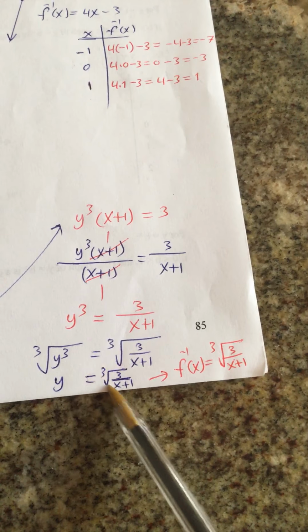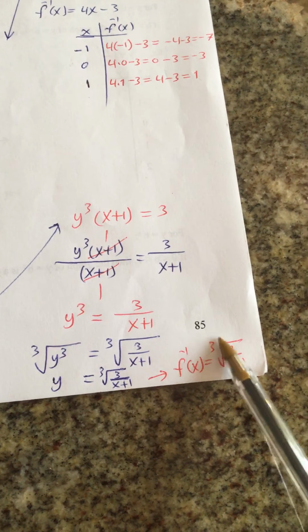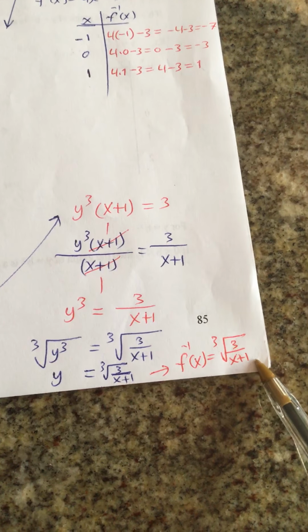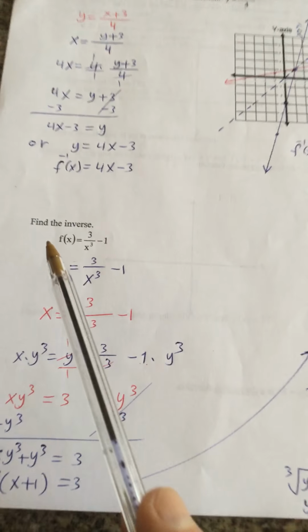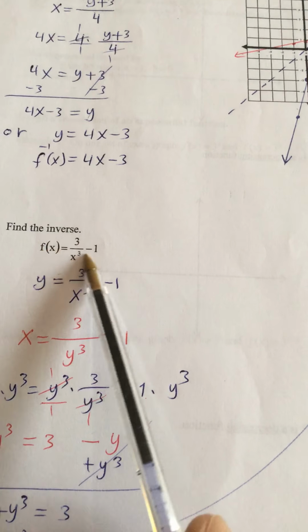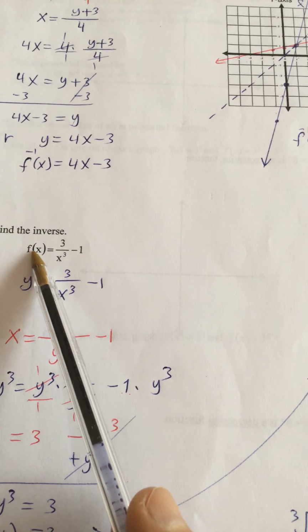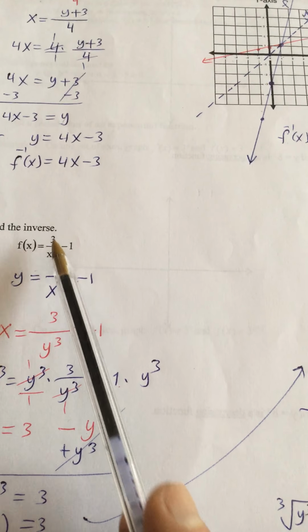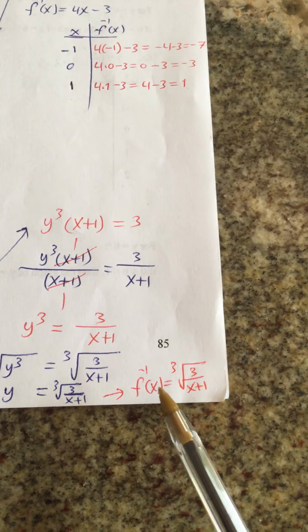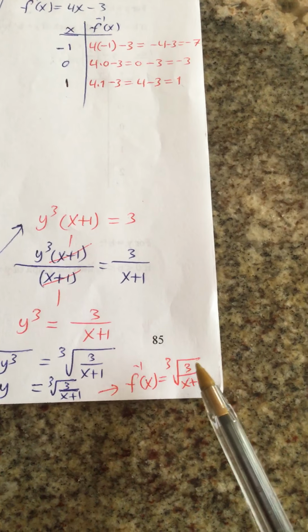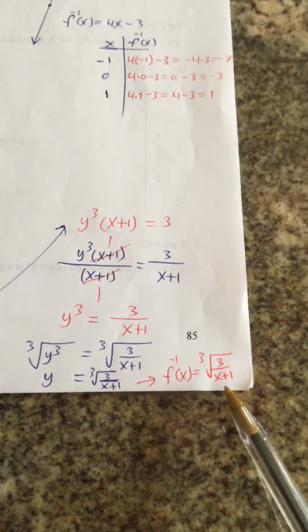Then keep this radical, the cube root of 3 over x plus 1. So now this function is the inverse of this function. The inverse of f of x equals 3 over x cubed minus 1 equals the cube root of 3 over x plus 1.